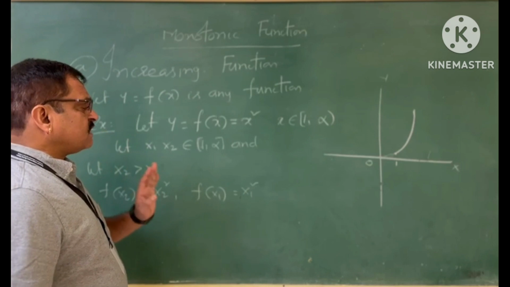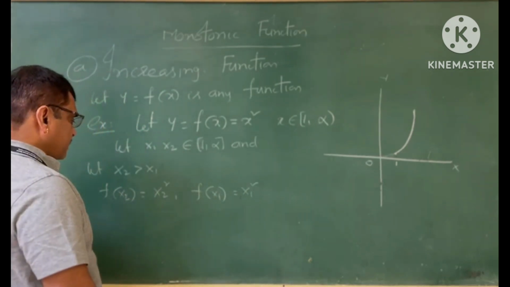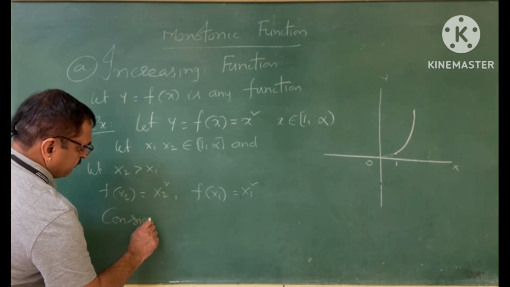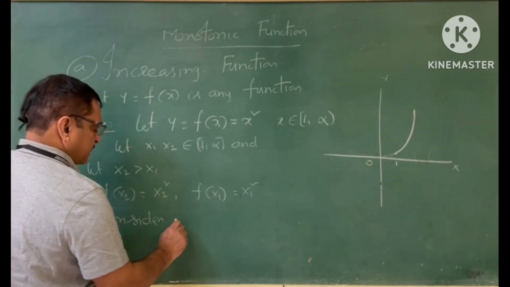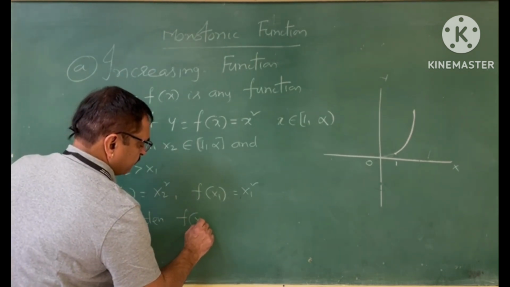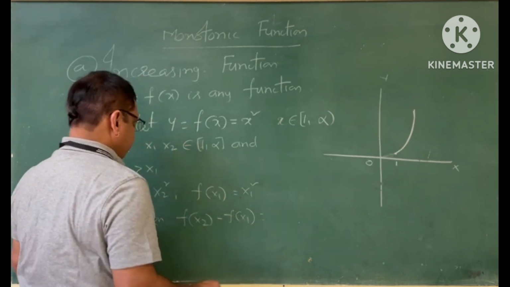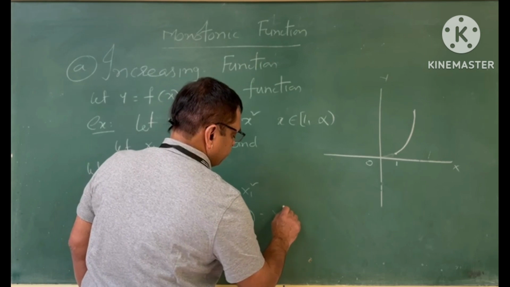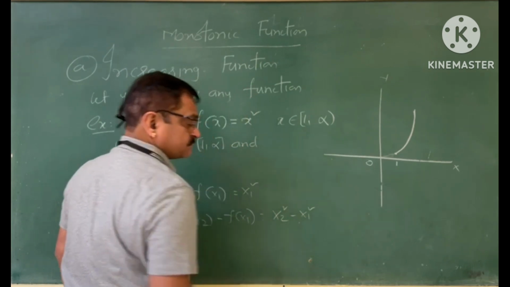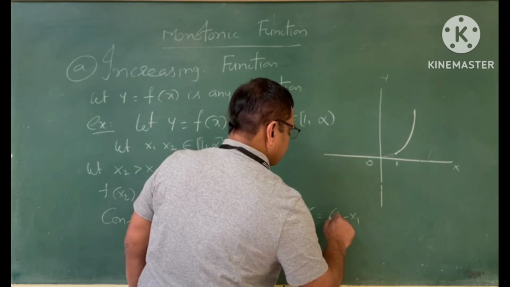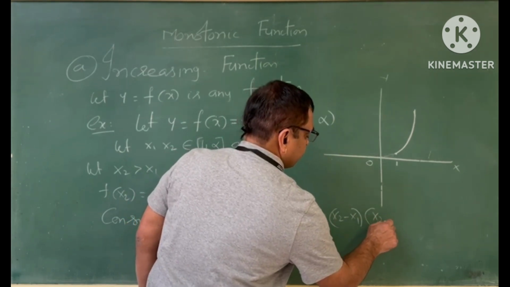Now consider f of x2 minus f of x1, which is equal to x2 square minus x1 square, which is the same as x2 minus x1 times x2 plus x1.